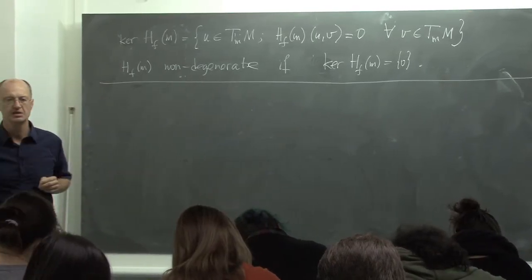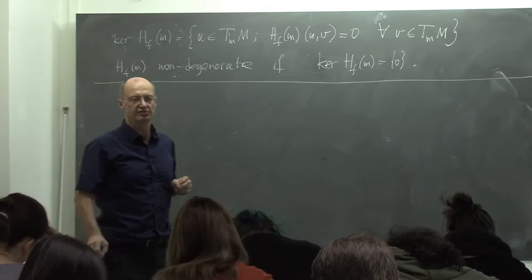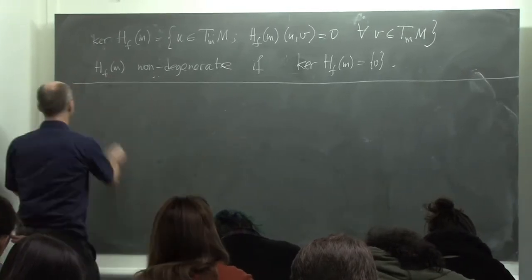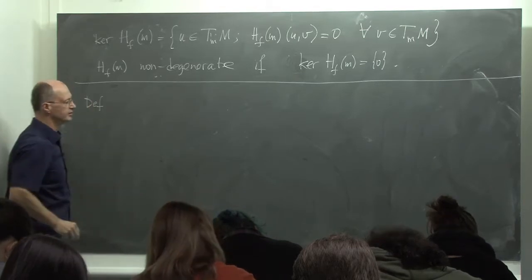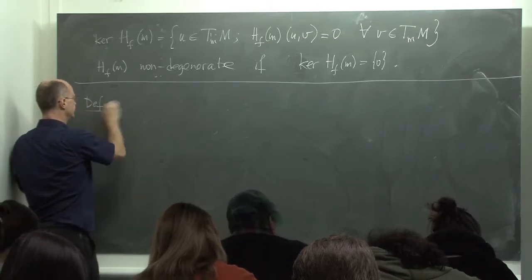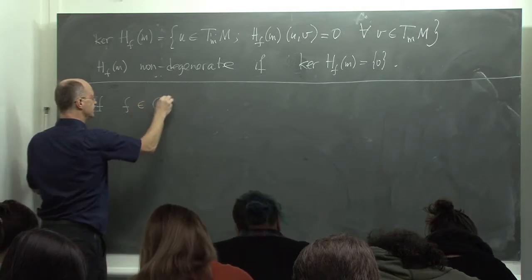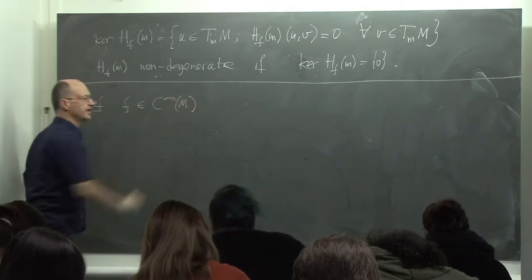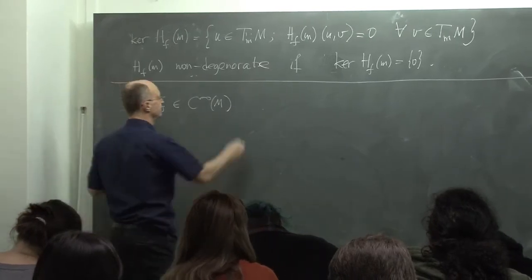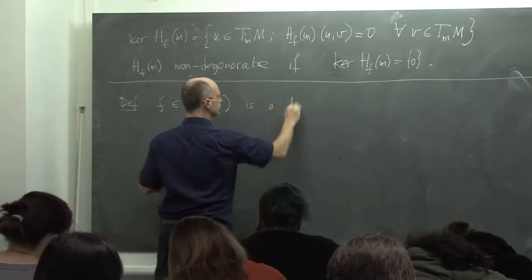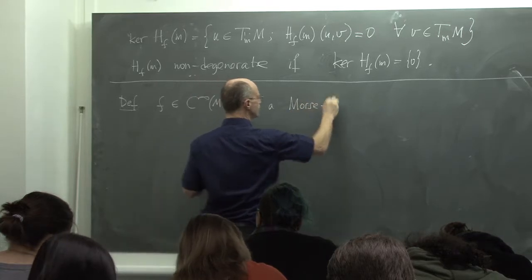But in the moment maps theory, we actually need a somewhat more elaborate definition. So this is a kind of version, or one can say an upgrade, of the definition of a Morse function. So f is a Morse-Bott function.